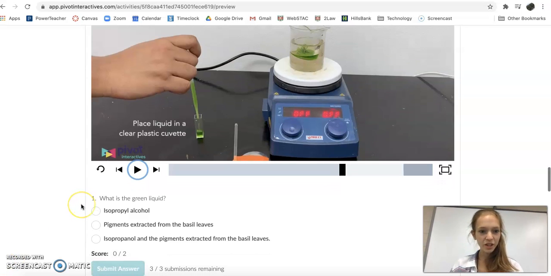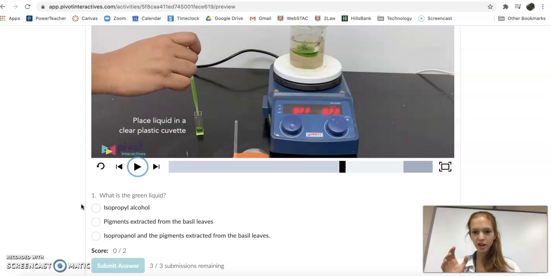So the first question that we're supposed to answer, just to make sure we know what's going on in the video, is what is this green liquid that he's putting in this little rectangular vial called a cuvette? What is that stuff?